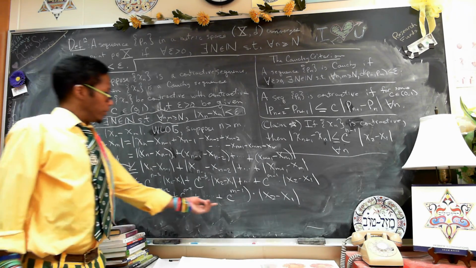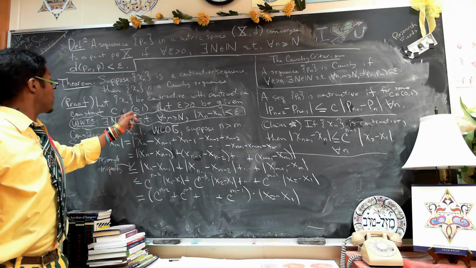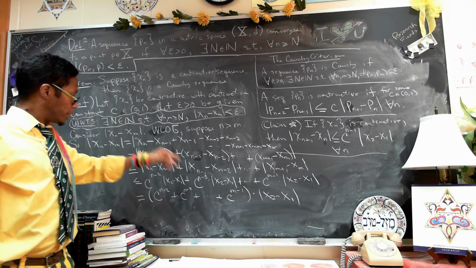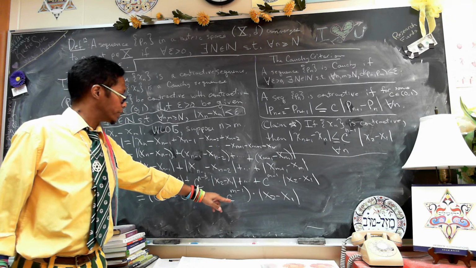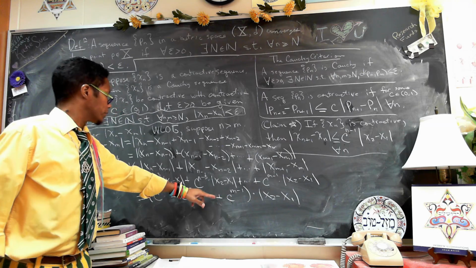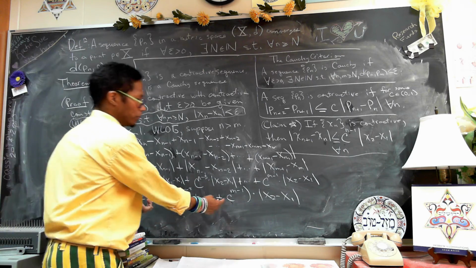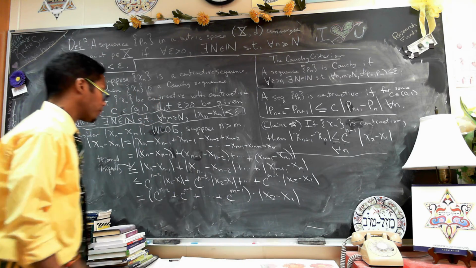So now, remember, c is a number between 0 and 1. And here I have powers of c that are increasing. This power is 1 less than this power, which is 1 less than this power, all the way up to this power. So this is a partial geometric series right here.